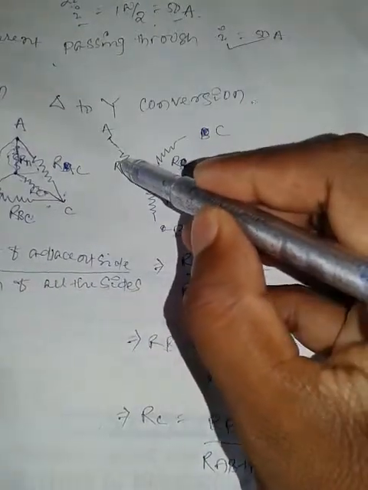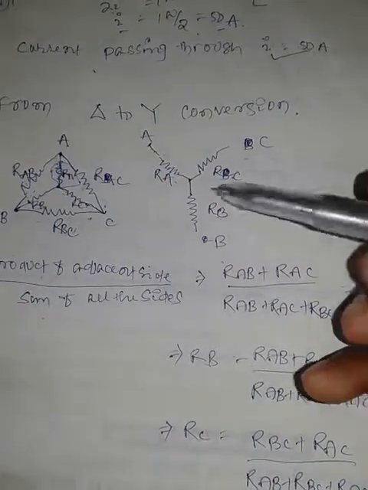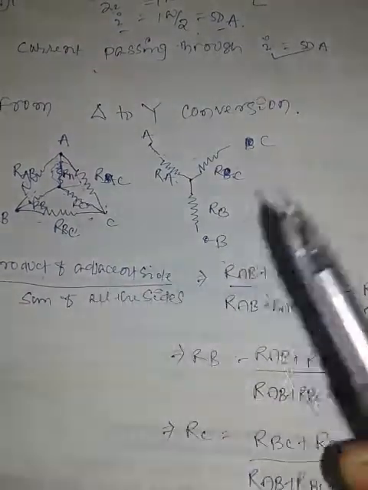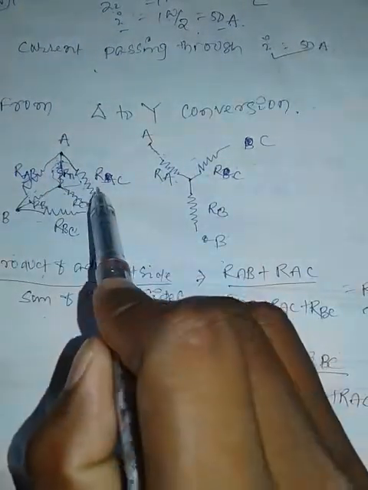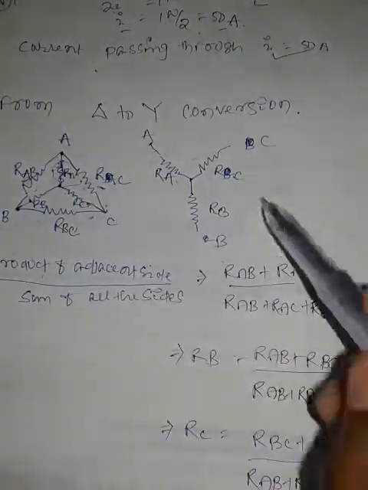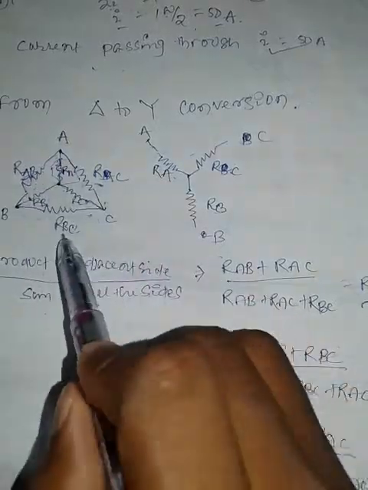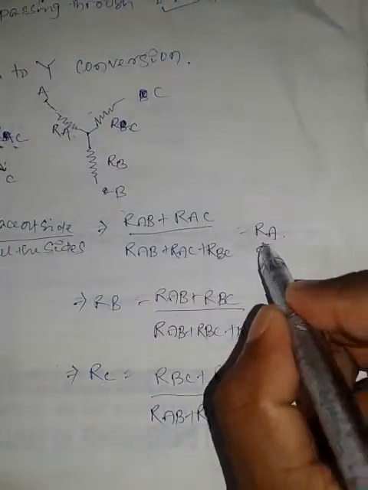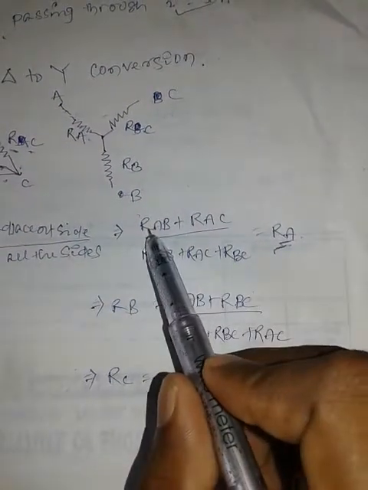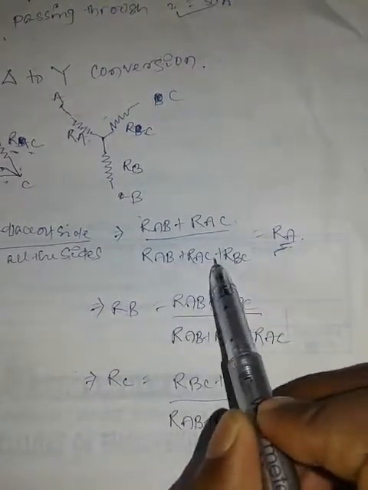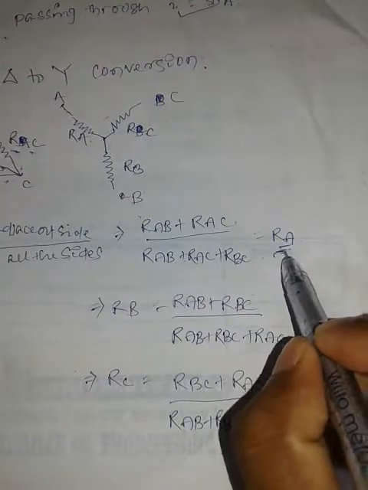So take this RA. The product of the adjacent sides means RAB times RAC, and the sum of all three is RAB plus RBC plus RAC. So RA is equal to RAB RAC by RAB plus RBC plus RAC.